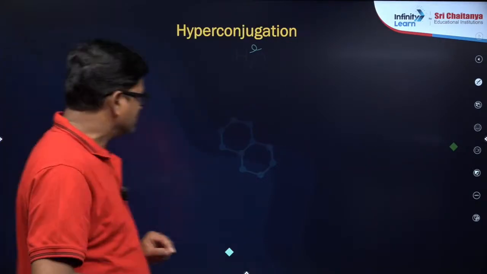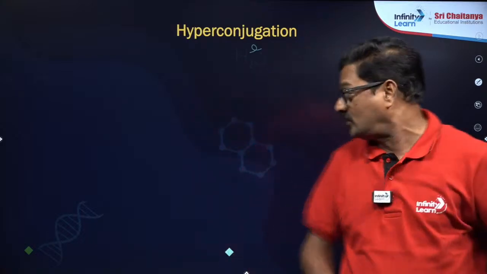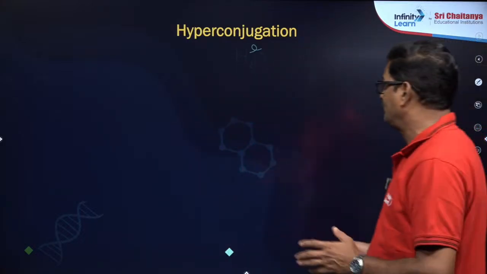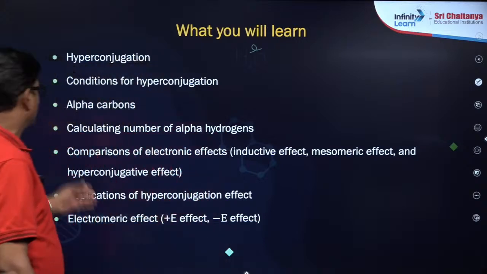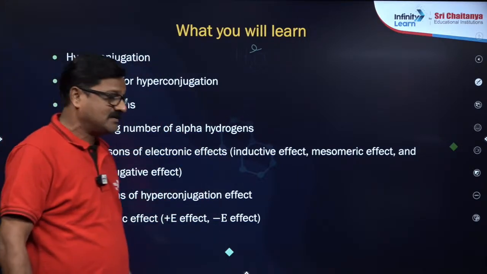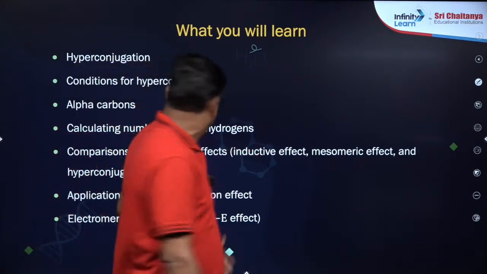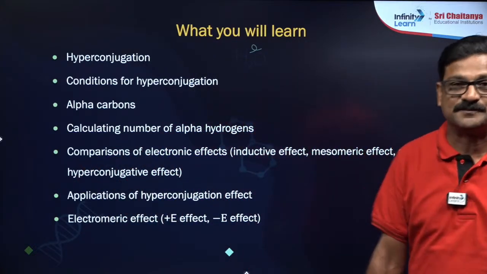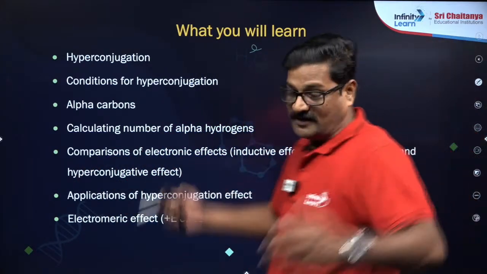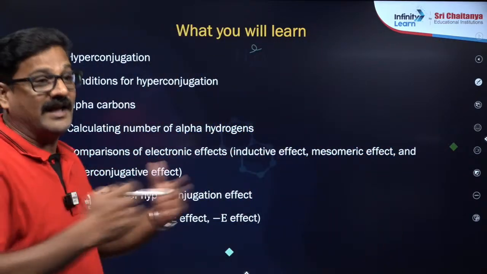And in that, we will see applications of hyperconjugation, the electromeric effect, and a comparison of electronic effects like the inductive effect, mesomeric effect and hyperconjugation effect, and these three are also mixed here. Why be late? Let's directly dive into that.